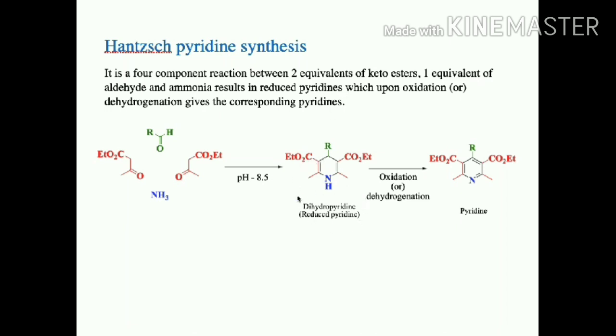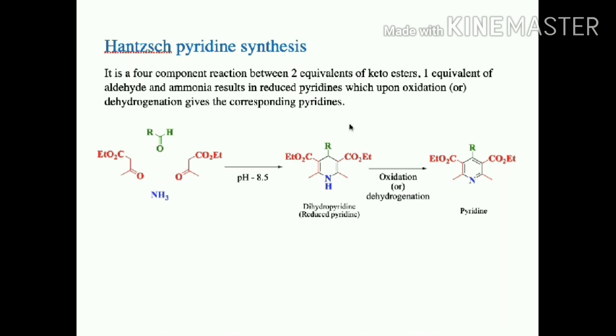This reduced pyridine is called dihydropyridine, and upon oxidation or dehydrogenation, it gives the corresponding pyridine. Okay, this is Hantzsch pyridine synthesis, a multi-component reaction in which four components combine to give a reduced pyridine, which further undergoes oxidation or dehydrogenation to give the corresponding pyridine.